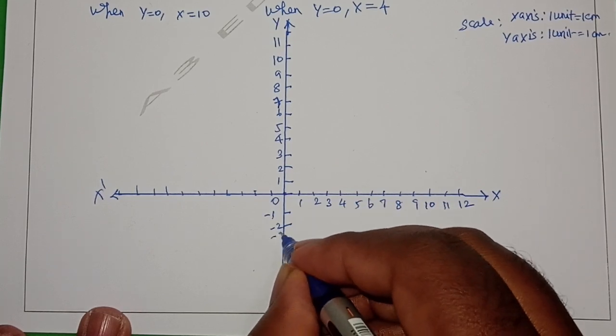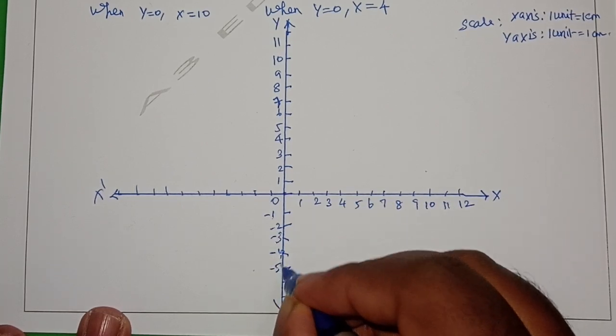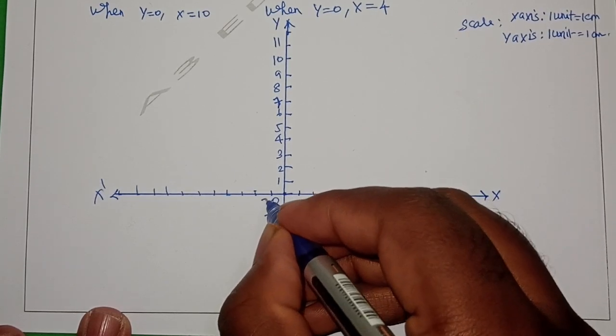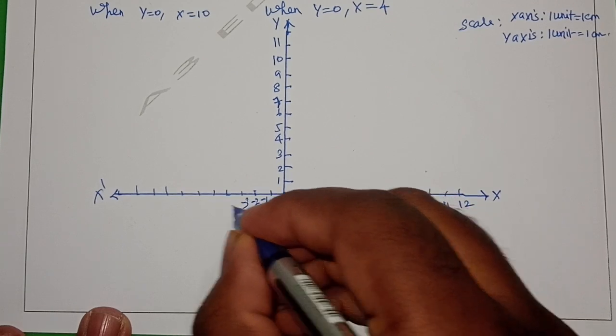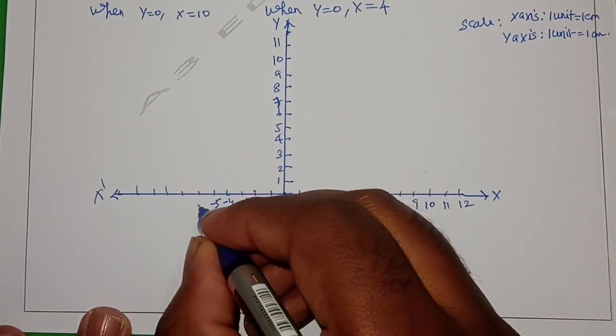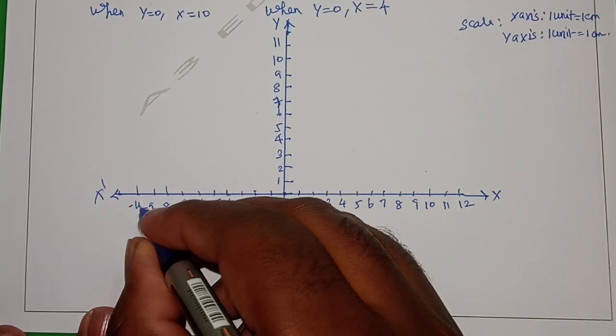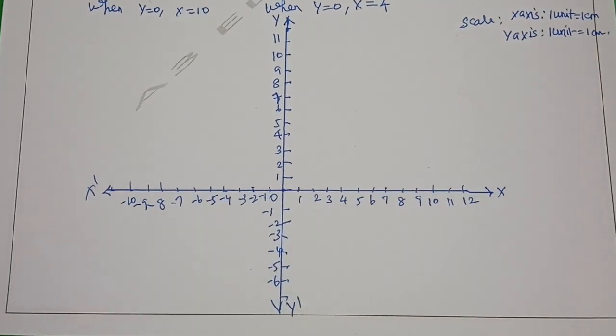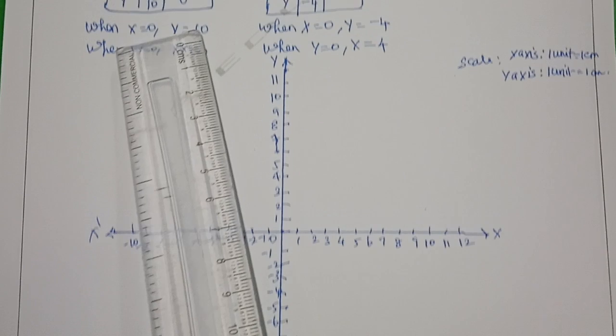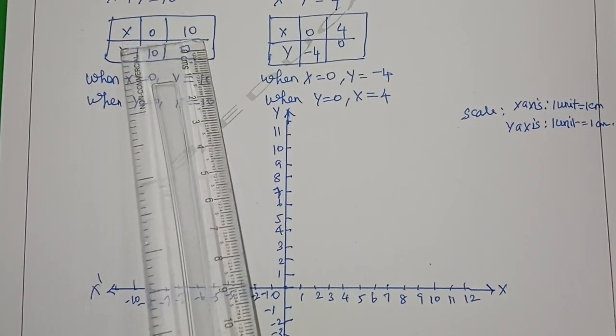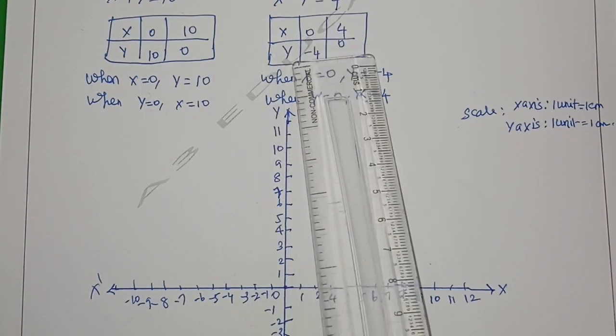Minus 1, minus 2, minus 3, minus 4, minus 5, minus 6. Minus 1, minus 2, minus 3, minus 4, minus 5, minus 6, minus 7, minus 8, minus 9, minus 10. Okay, easily understood. Draw the graph very neatly so that no wrong things will happen. The points will be 0, 10, 10, 0, 0, minus 4, 4, 0.